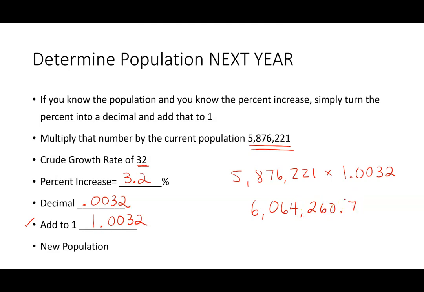But I'm going to round up because I can't have 0.7 of a person, so we're going to round up. And of course, the bell's going to ring in 5 seconds, so let's let that go. 6,064,261. Because again, we cannot have 0.7 of a person. We're going to just round up.